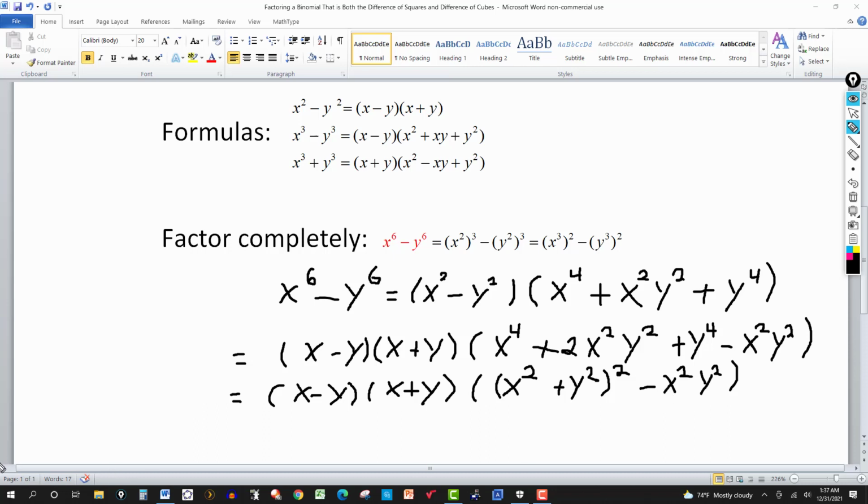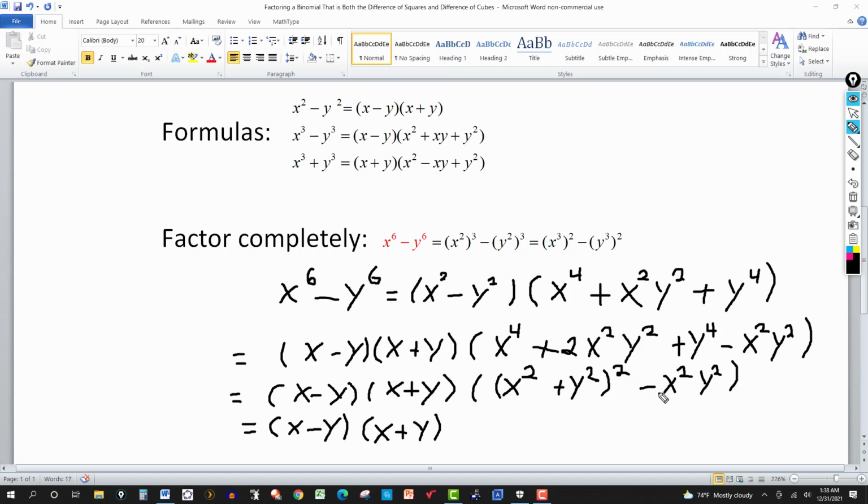So I'm going to rewrite this way. Okay, the x minus y and the x plus y are going to stay the same. Haven't done anything to those. And so now this part right here then, you can look at that as a difference of squares. This is the same thing as having, say, a squared minus b squared, where the a would be this x squared plus y squared, and the b would be the xy squared.